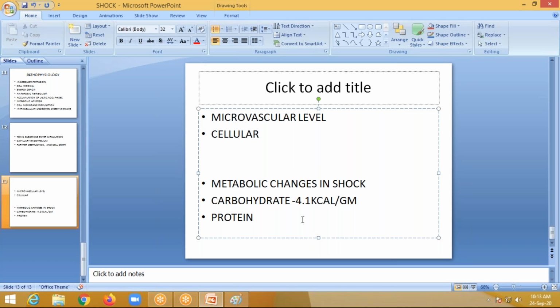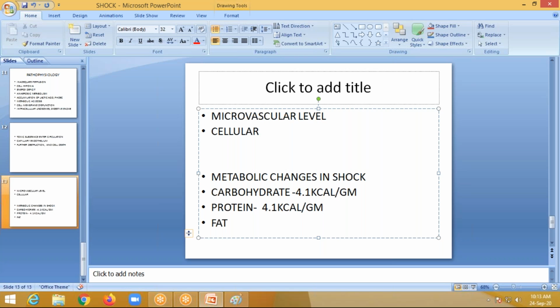Protein is also the same, 4.1 kilocalories per gram. Fat is different, like 9.1 kilocalories per gram. You have to confirm these values.